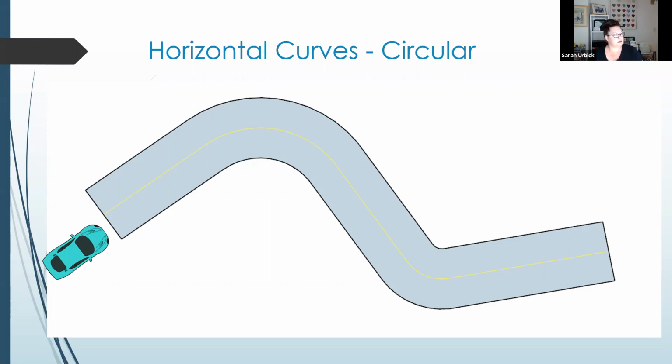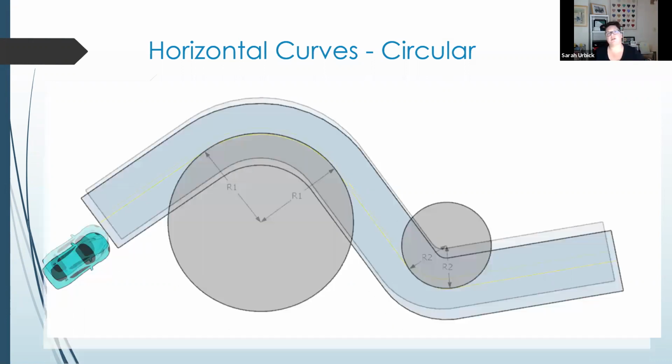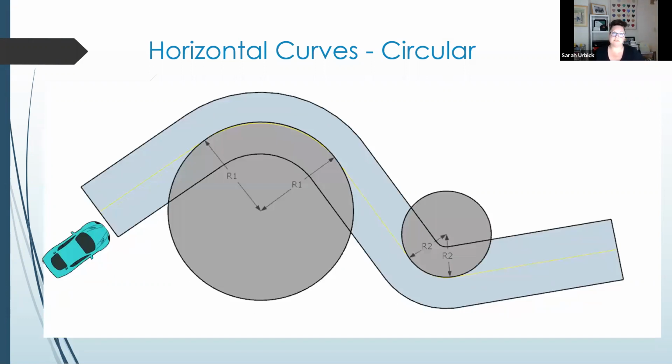Getting ready to take off down this road, coming in at a high rate of speed. But horizontal curves are circular. So each curve is going to have a radius, which means that we inherit those properties of circular geometry: tangents, radii, center points, and all the wonderful properties that go along with all of that math.